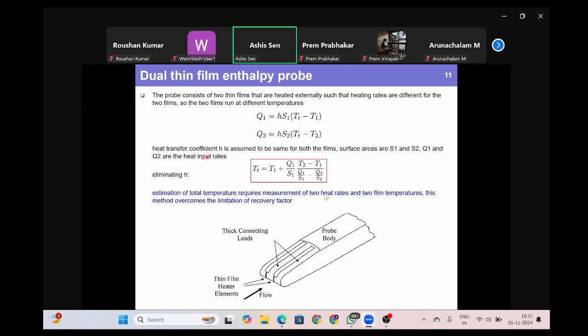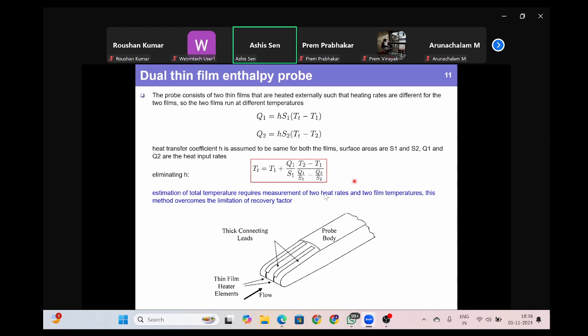Now, if you try to eliminate the heat transfer coefficient, because that is very difficult to measure, if you eliminate h, you can write the stagnation temperature as T1 plus Q1 over S1 times (T2 minus T1) divided by (Q1 over S1 minus Q2 over S2).